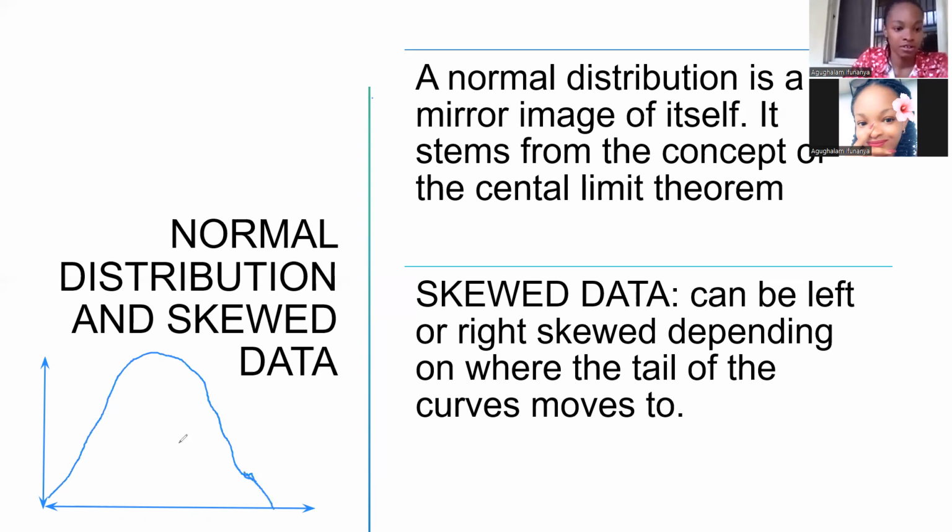Sorry. Let's assume this is our normally distributed data. In normally distributed data, the mean, median, and mode are at the center. Here will be plus 1, plus 2, and here will be plus 3.